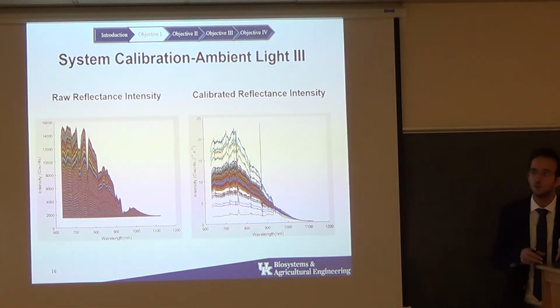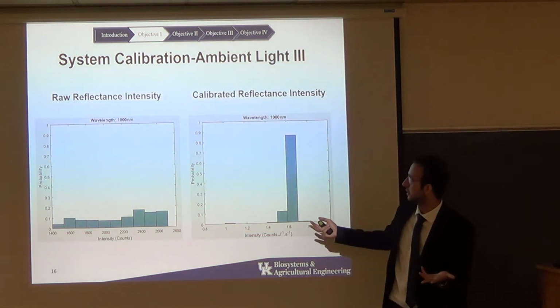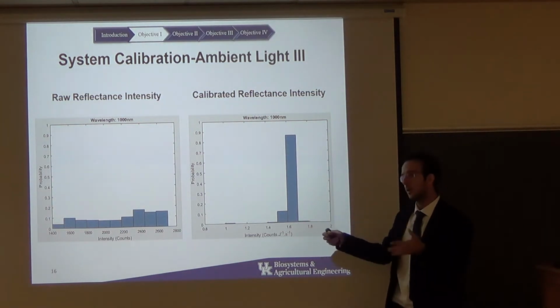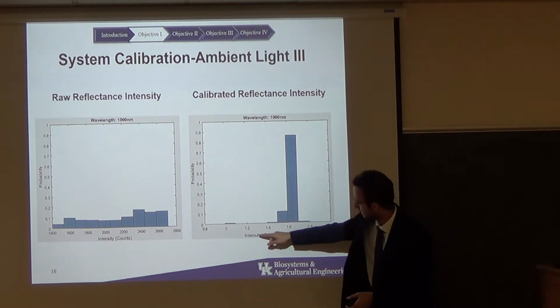We consider these two parts, and right now that's what we want exactly. We are 90% sure that if we go out with this target and take a measurement, we are going to get that intensity.